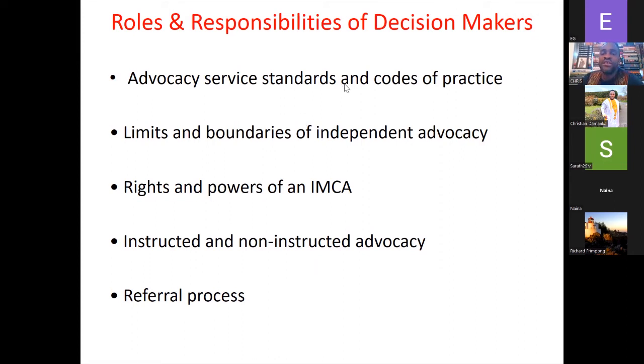Right, so the roles and responsibilities of the decision makers after capacity is assessed. The advocacy service standards and codes of practice must be followed in making the decisions.